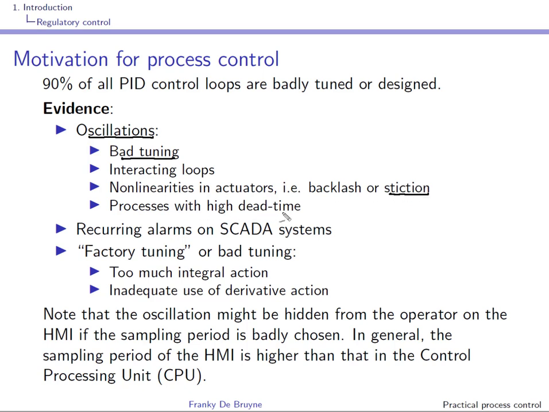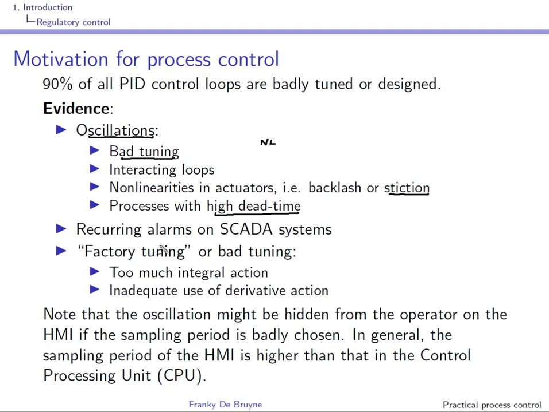Aggressive control for processes with a high dead time, and also non-linearities. It could be that around one working point everything is working properly, and then you change working point and suddenly you see oscillations. This is because the process has changed, and what you can do then is, well, use scheduling, as we will see later on in the course.